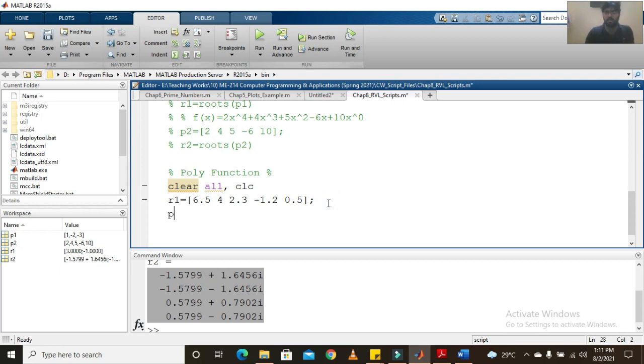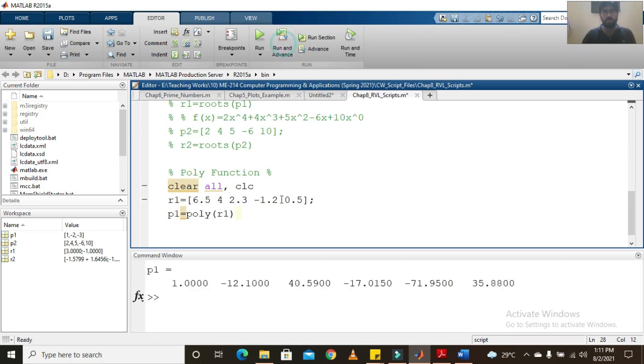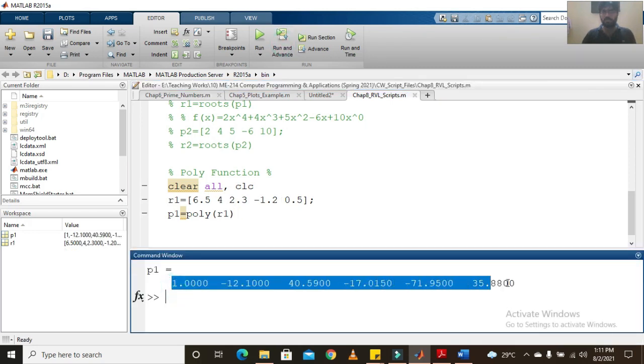So let's say I calculate a polynomial by using a poly function, the roots are in R1. So when I run it, here you can see this is what my polynomial is.